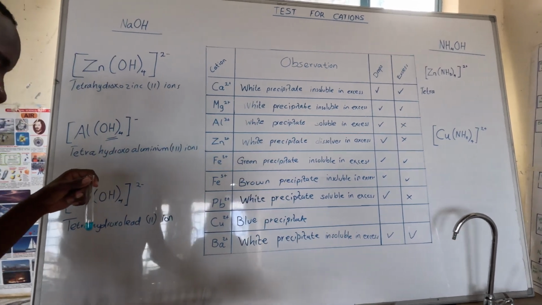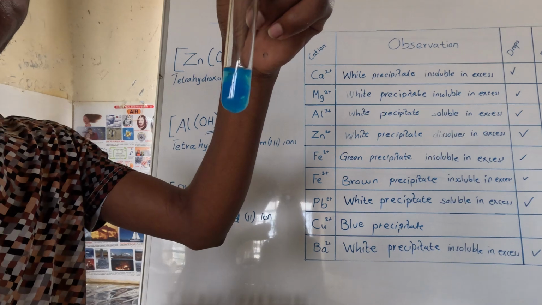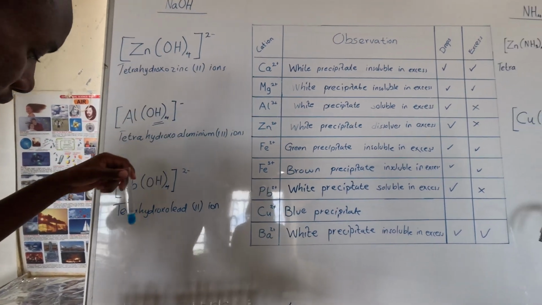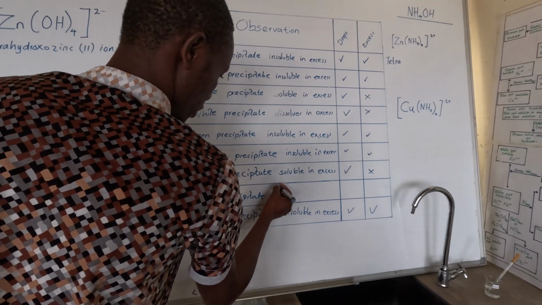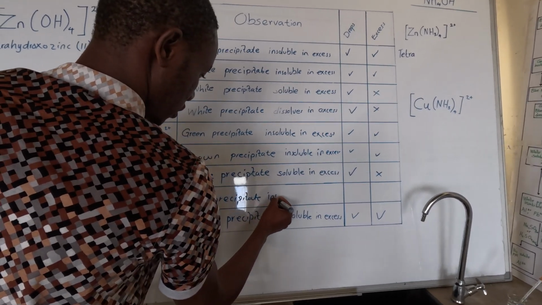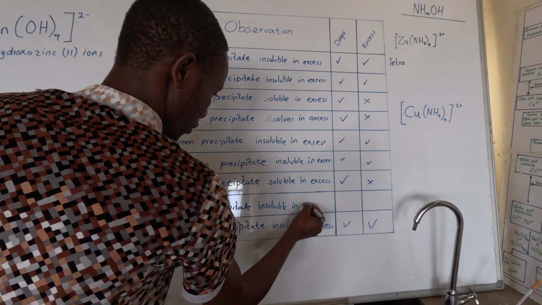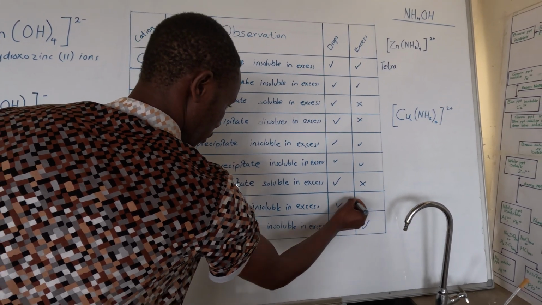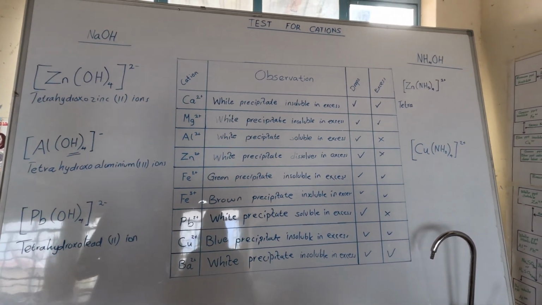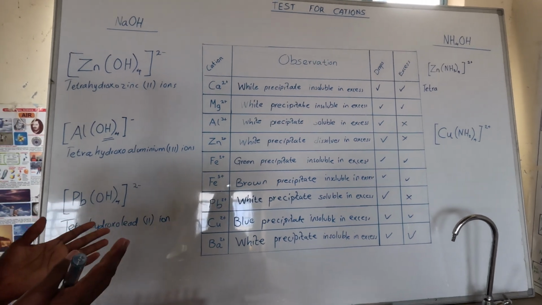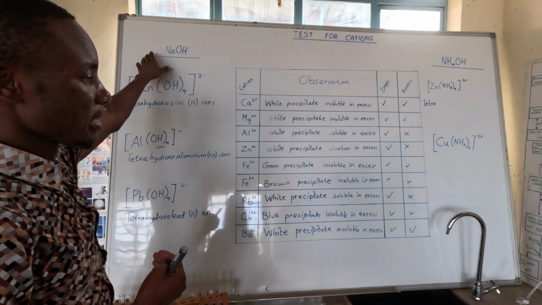And what happens to this precipitate when I add excess? It is still insoluble in excess. And that makes us come to the end of the test for cations using sodium hydroxide.